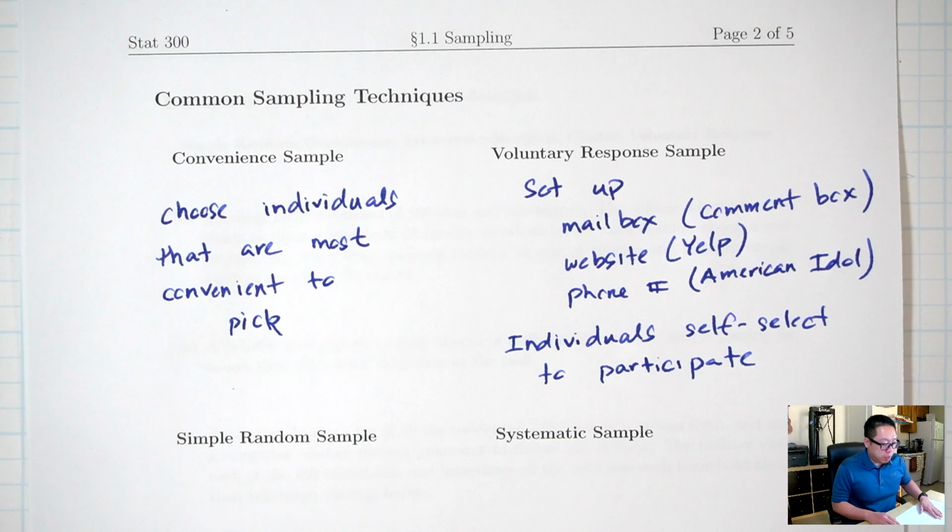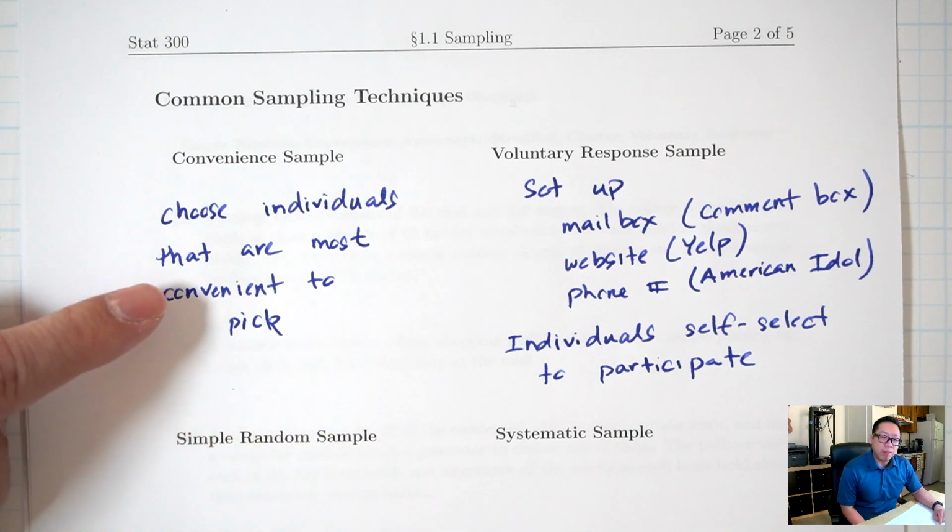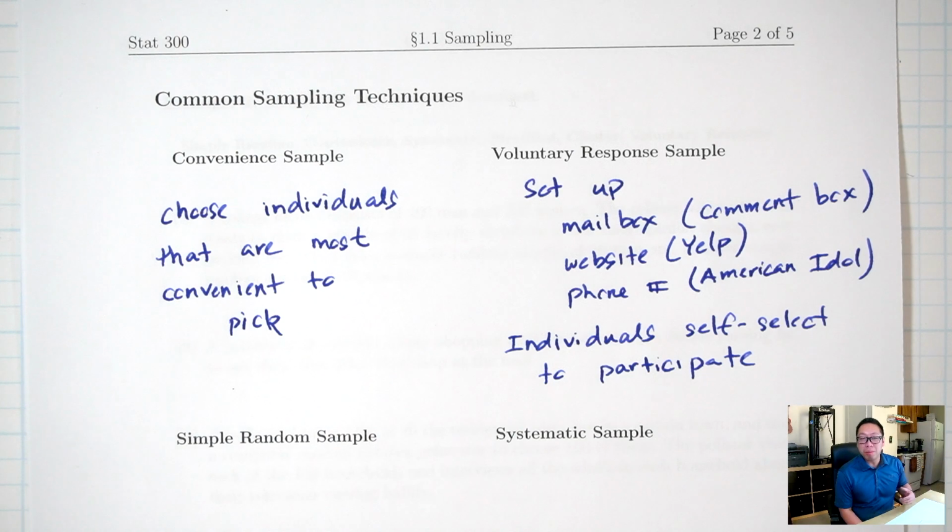These two methods, usually you get samples that are not representative of the population, right? If I just ask my 10 closest friends, right, they're my close friends, so they probably will have the same opinion that I do. And so if I just use that data, then I'm not including people who would have a different opinion than me, right?